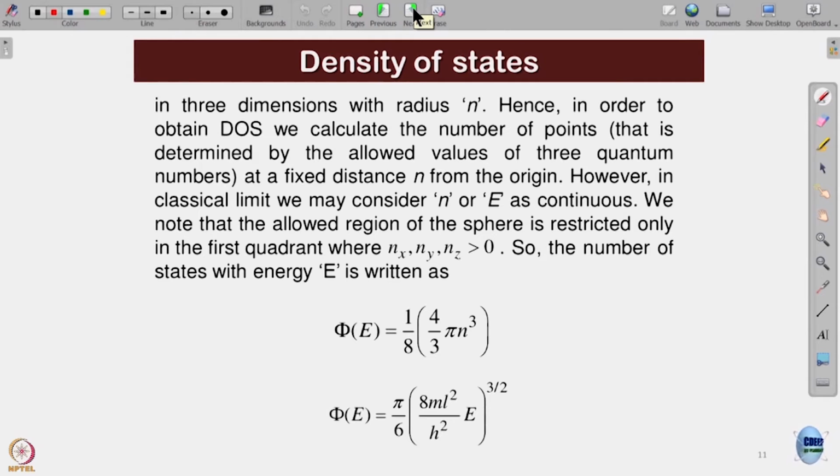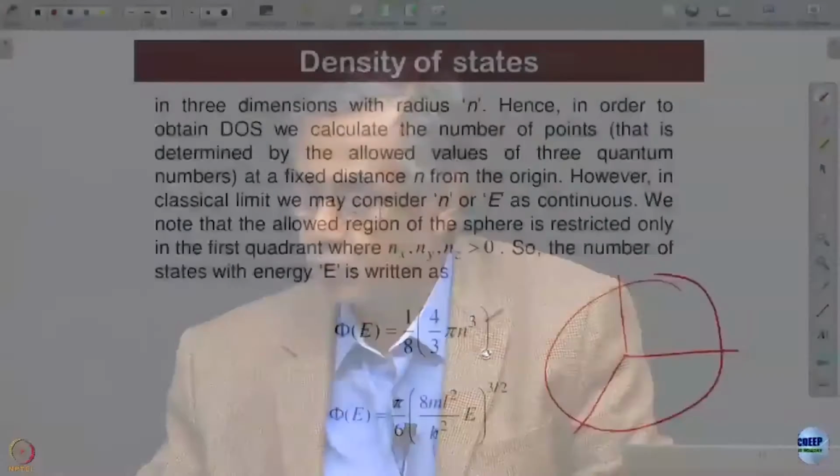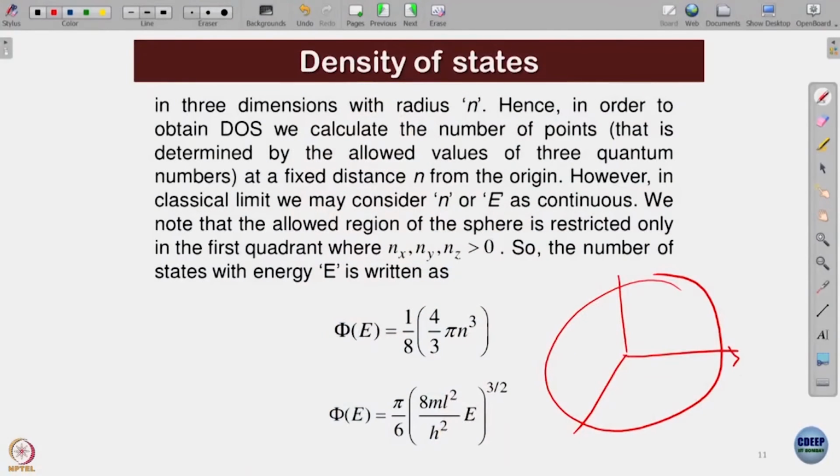We now want to consider that we have a sphere, hypersphere, let me consider it like that, and now this is a sphere. Now in that sphere nx, ny, nz all have to be positive. I do not have nx, ny, nz negative. So if I say ny, nz and nx, now I want to calculate.